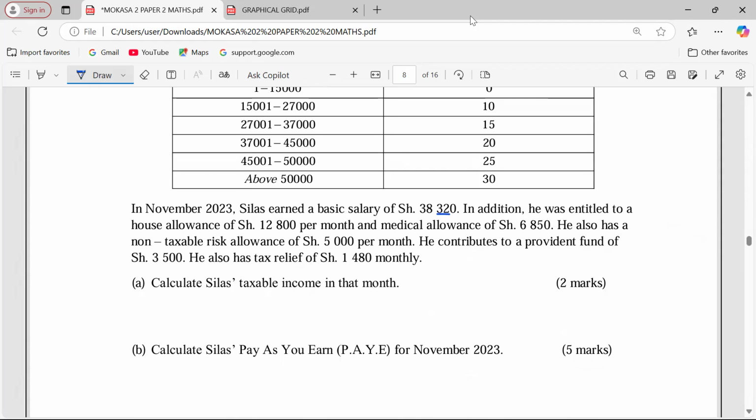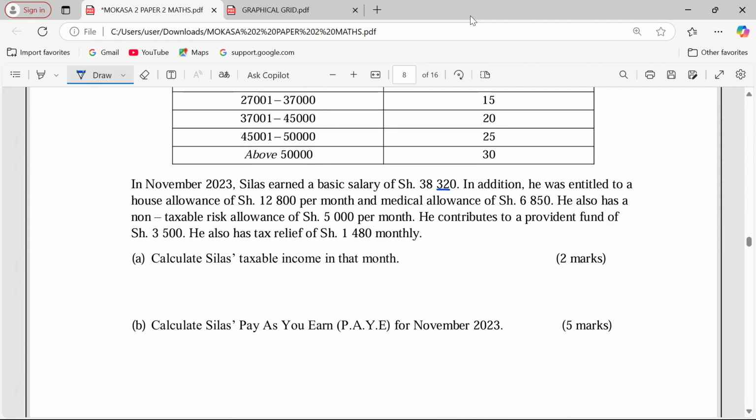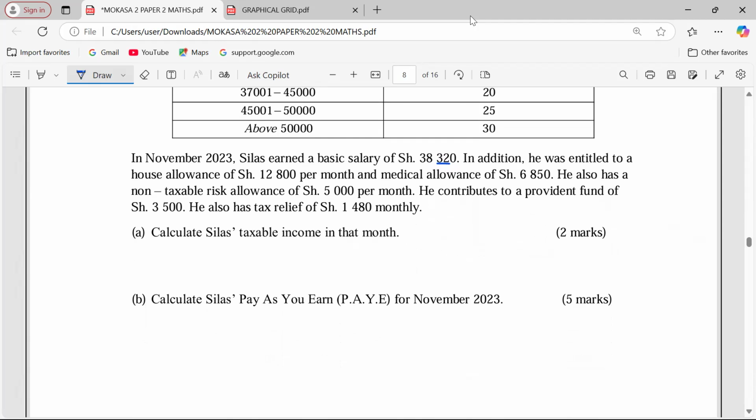He also has a non-taxable risk allowance of 5,000 Kenya shillings a month. He contributes to a provident fund of 3,500 Kenya shillings. He also has a tax relief of 1,480 shillings per month. Part A, calculate Silas' taxable income that month, the month of November.